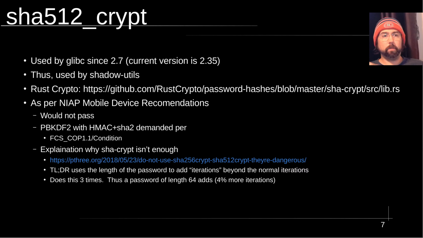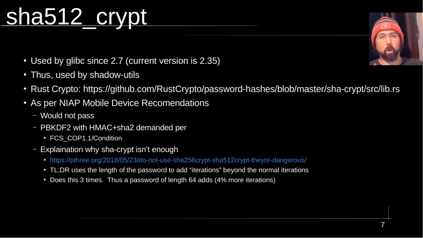Now, an important thing to understand about SHA512 Crypt is that it does not meet the NIAP mobile device recommendations. The reason is that there is only a single recommendation for the NIAP mobile device recommendations, and that's PBKDF2 using an HMAC of a SHA-2 hash algorithm.